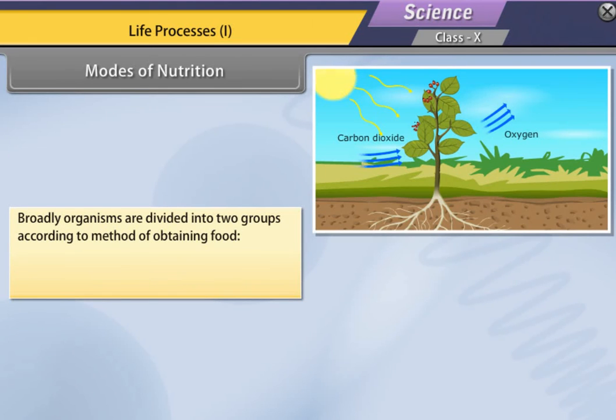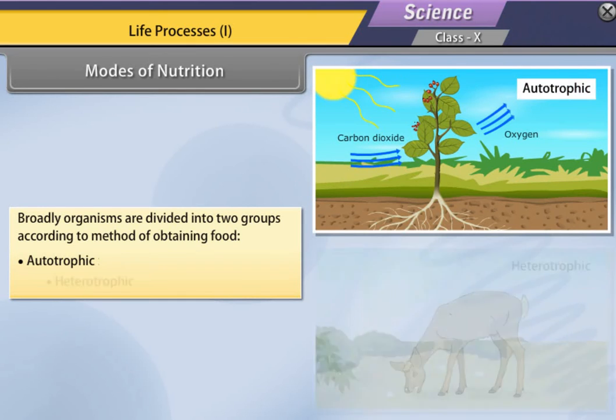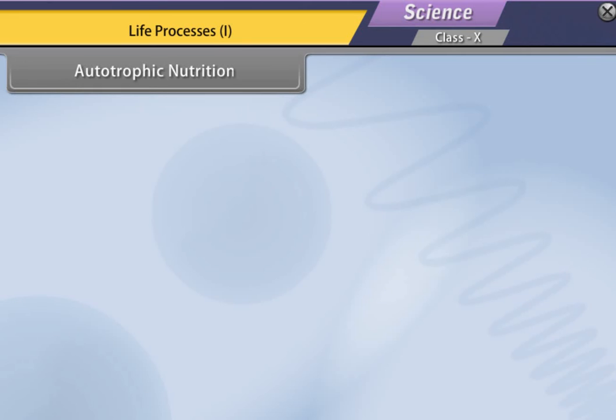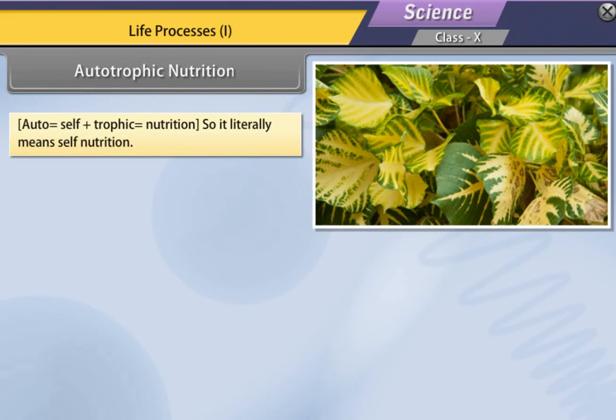Broadly, organisms are divided into two groups according to the method of obtaining food: autotrophic and heterotrophic. Autotrophic nutrition. Auto means self, and trophic means nutrition. So it literally means self-nutrition.